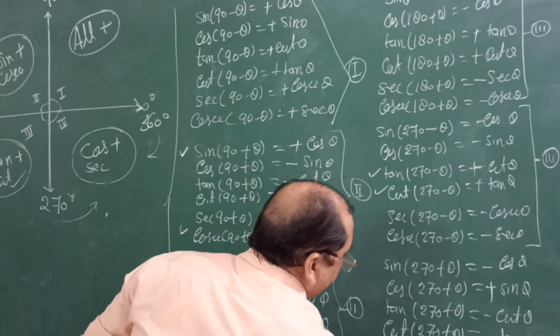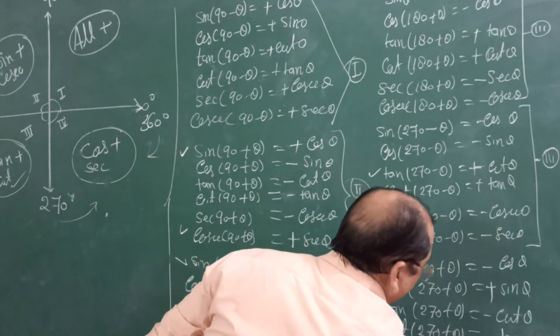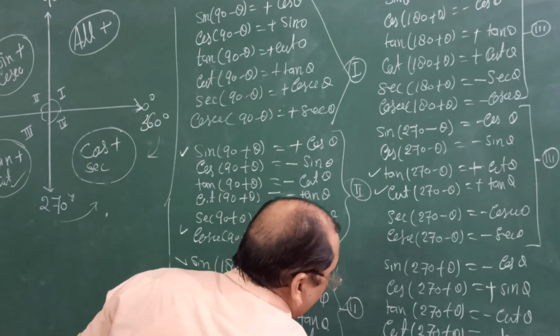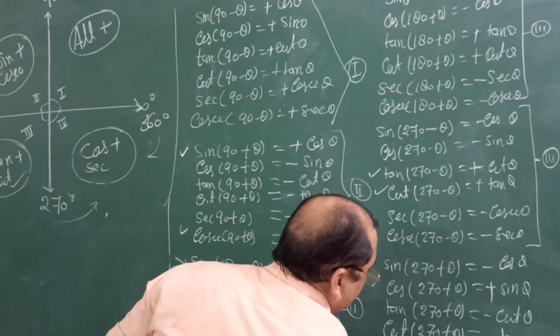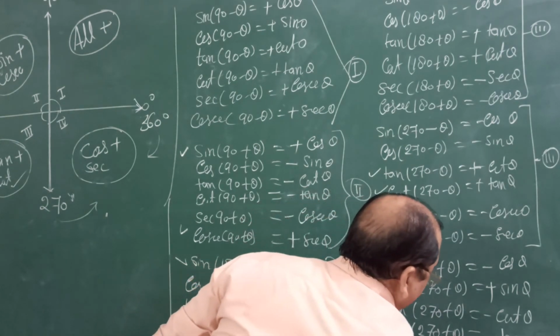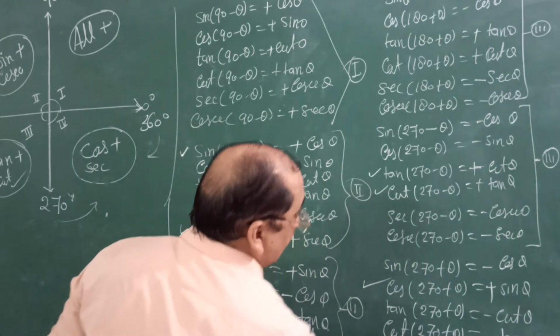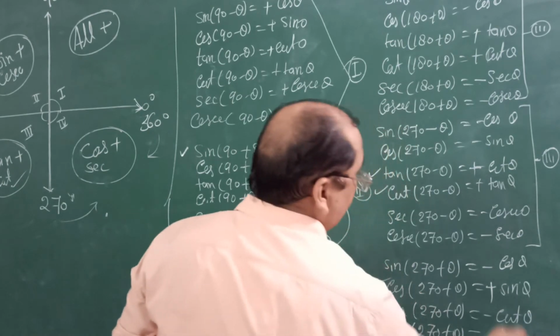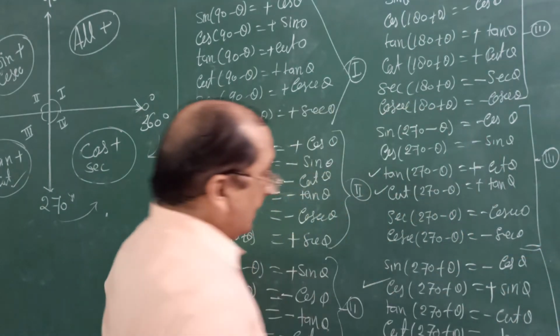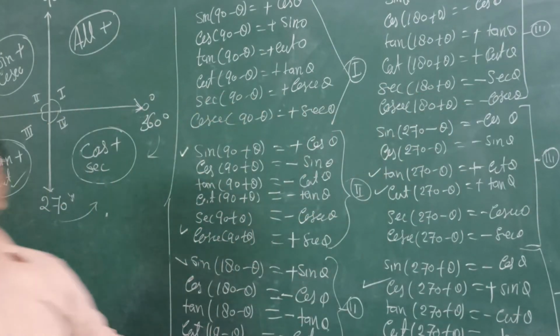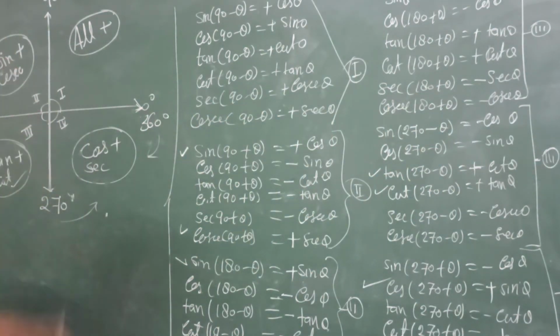Sec 270 plus theta will come positive cosec theta, and cosec 270 plus theta is minus sec theta. Only two values, cos and sec, are positive and the rest of them are negative. Hence, this is the fourth quadrant.